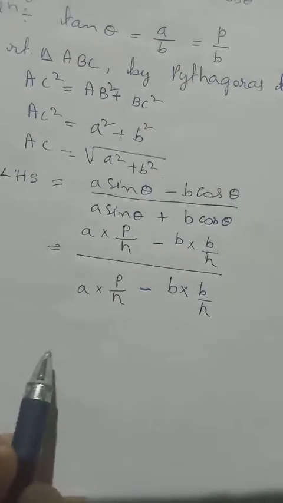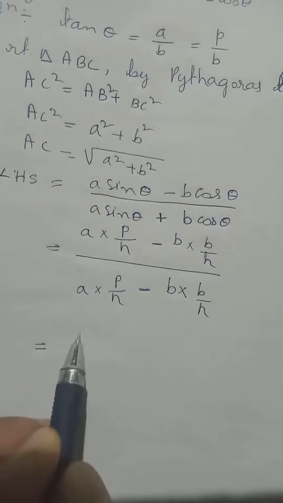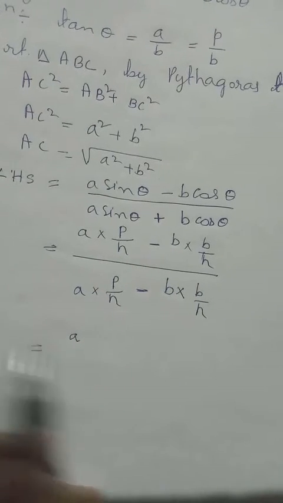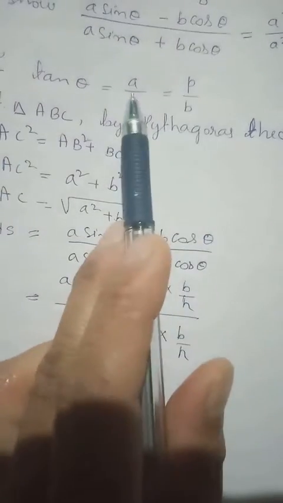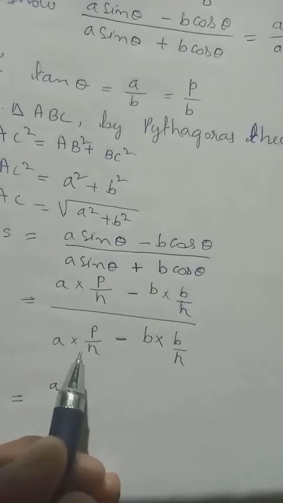So now we will replace the values, okay? A, we don't have the value, let it remain a. P by H, P we know is a, H we already calculated to be this one.